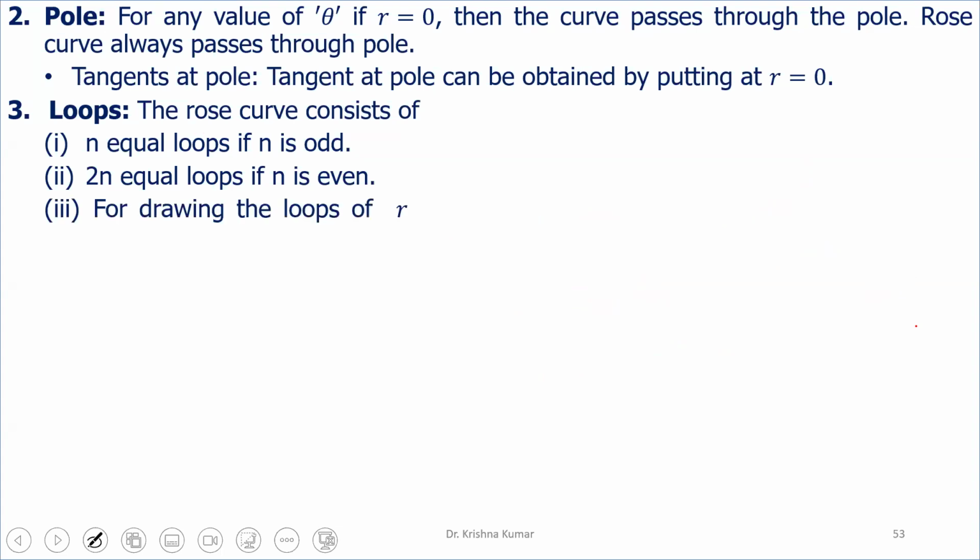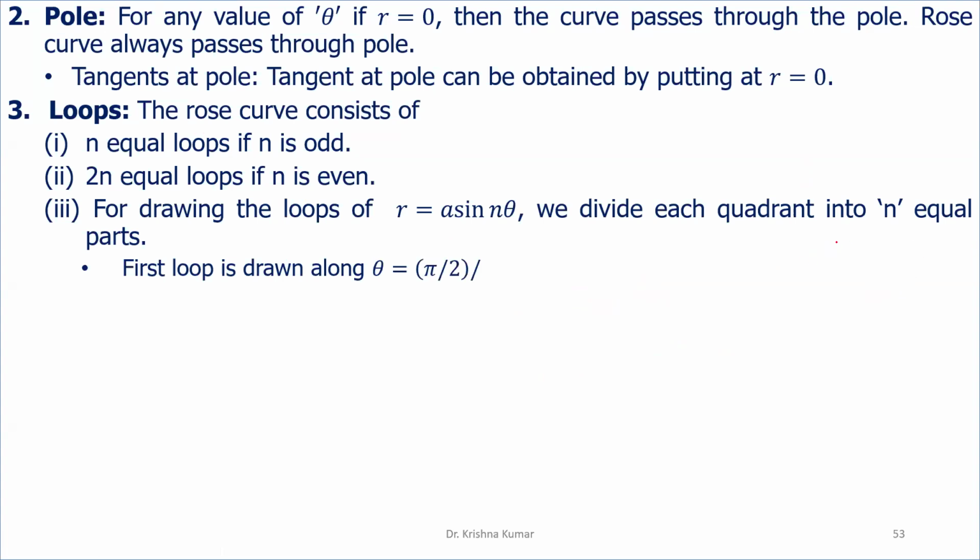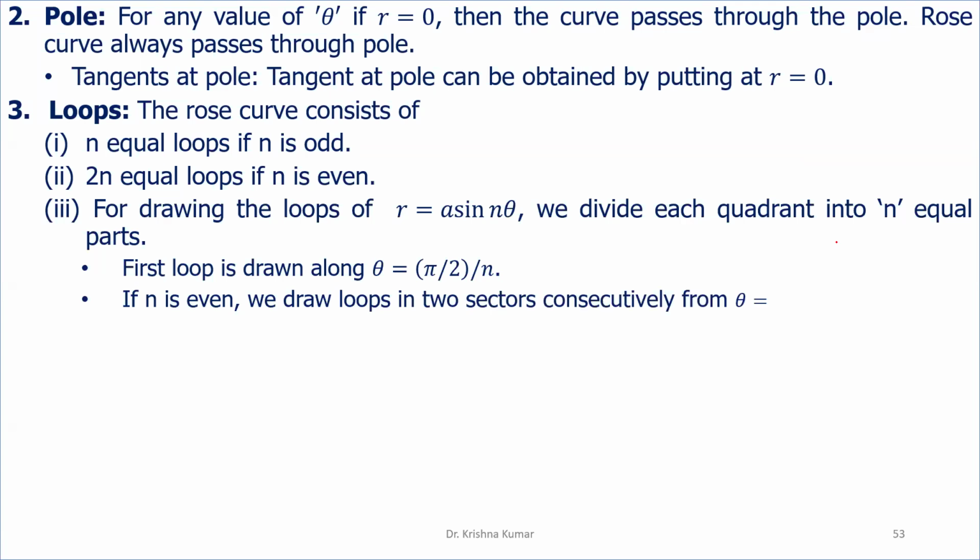For drawing the loops of r equal to a sin n theta, we divide each quadrant into n equal parts. The first loop is drawn along theta equal to pi by 2 divided by n. If n is even, we draw loops in two sectors consecutively from theta equal to 0 to theta equal to 2 pi.